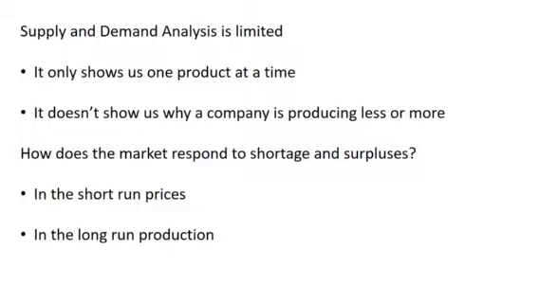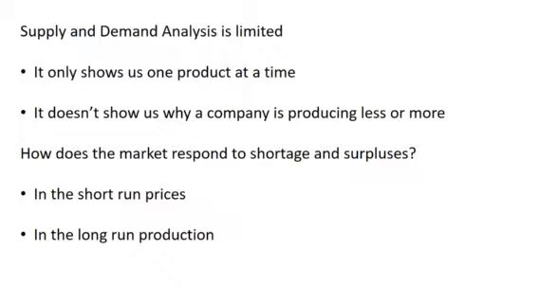So if you have a surplus and you are a retailer, so you have a whole bunch of extra inventory, what do you do? You put it on sale. You put it on clearance. You do something to get rid of it. So you lower the price. And by lowering the price, you get back to that market clearing price and you end up clearing out your inventory.